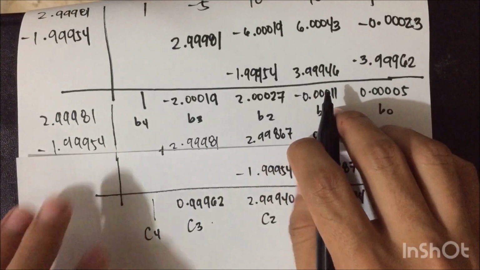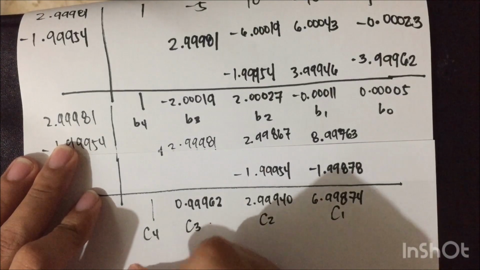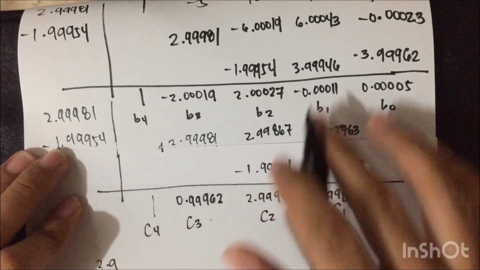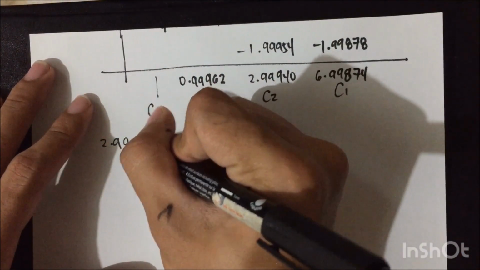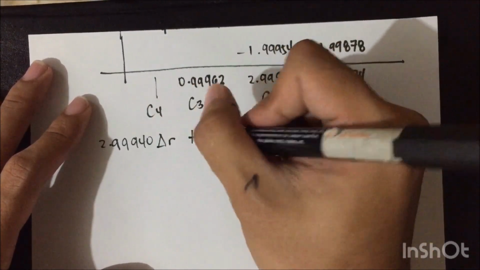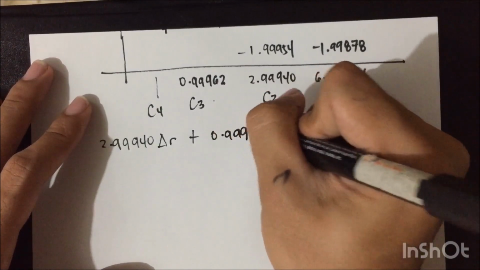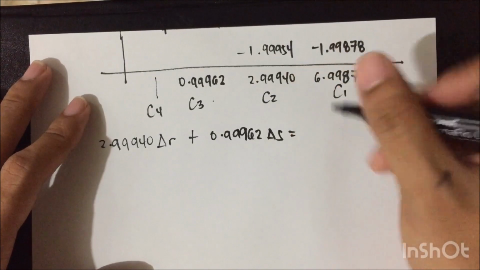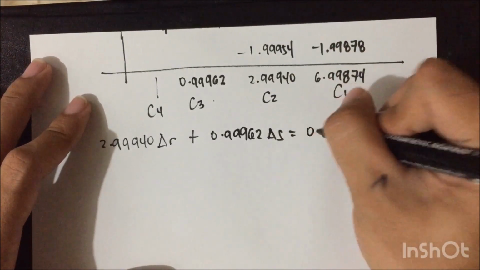So again, from the formula, C sub 2 delta R, we have 2.9940 delta R plus C sub 3, which is 0.9962 delta S, equal to negative B sub 1, which is negative 0.00011.